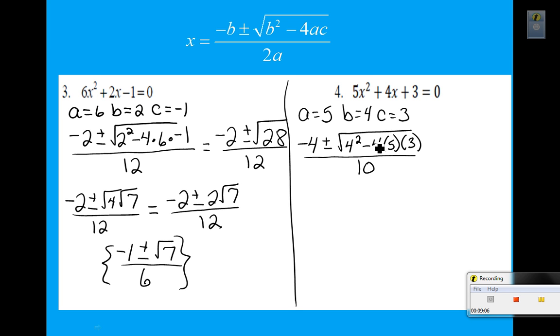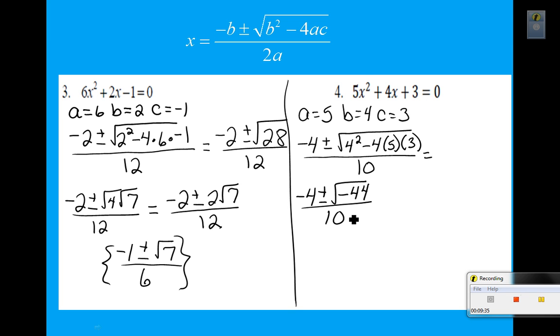Notice that I use parentheses this time. That's no big deal. You can use times or parentheses. So now I'm going to ask you to go negative 4 plus or minus the square root of something over 10. You've got to go get that something. So when you go 4 squared minus 4 times 5 times 3, you're going to get negative 44.